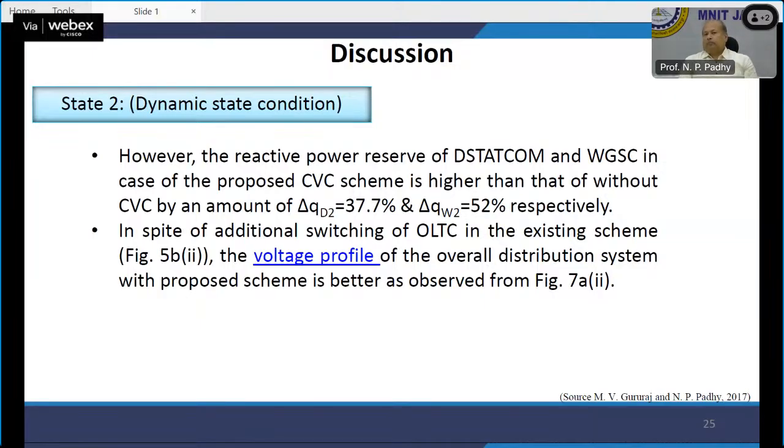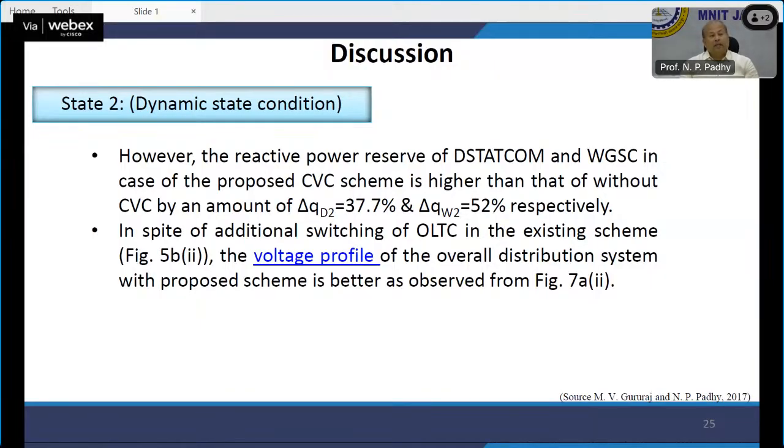So what the scenario says is that, instead of randomly operating your reactive power control devices, you operate with an instruction. What you see in the whole proposed algorithm is that the D-STATCOM and wind grid converters are being operated, but not completely evacuated, and because of which the system voltage profile is reasonable.